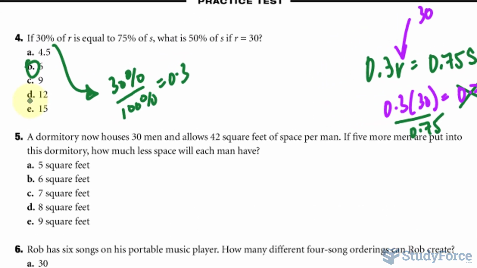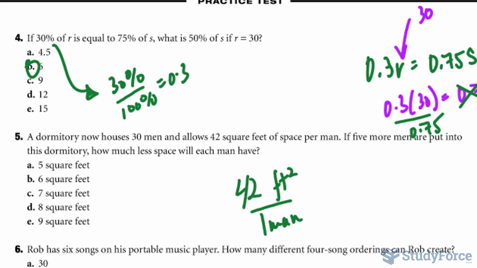Moving on to 5. A dormitory now houses 30 men and allows 42 square feet of space per man. So per man, 42 feet squared per every one man. If 5 more men are put into this dormitory, how much less space will each man have? So let's figure this one out.